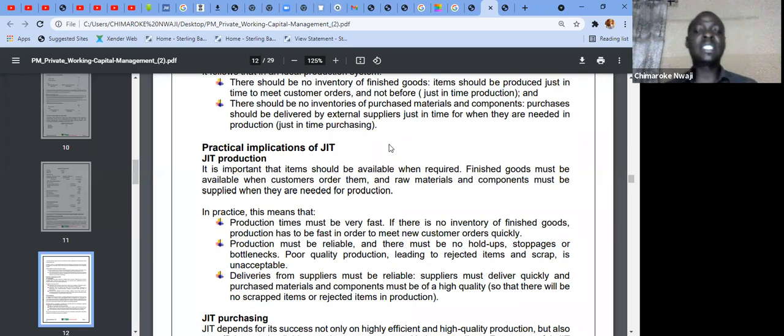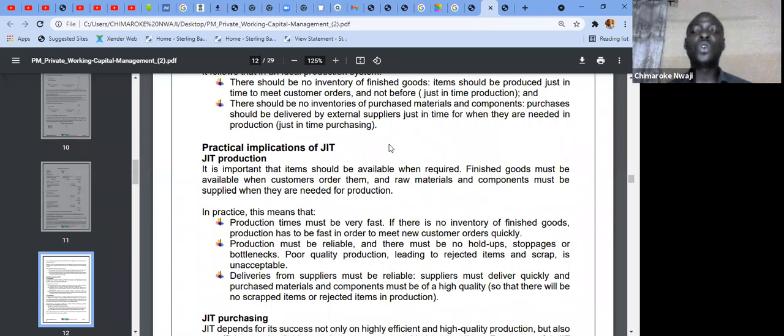In practice, this means that production times must be very fast. If there is no inventory of finished goods, production has to be fast in order to meet new customers' orders quickly. So if your production is slow, that means you would have to hold stock, because customers will not be patient with you. Production must be reliable.